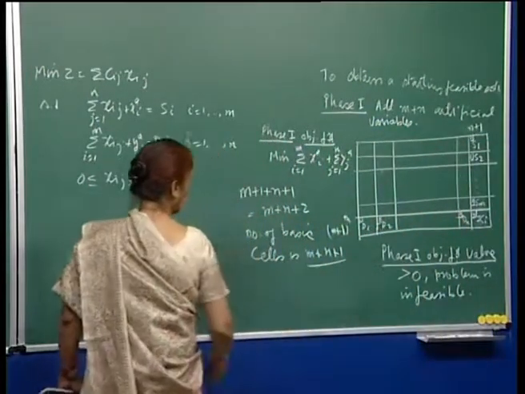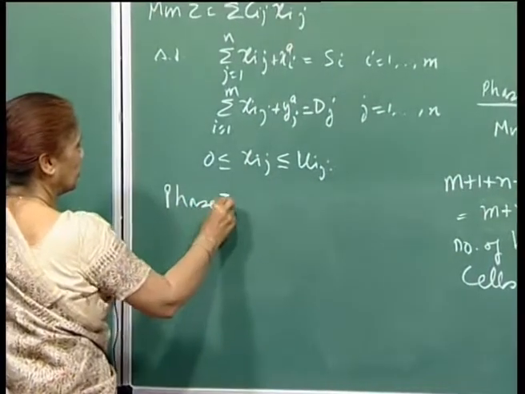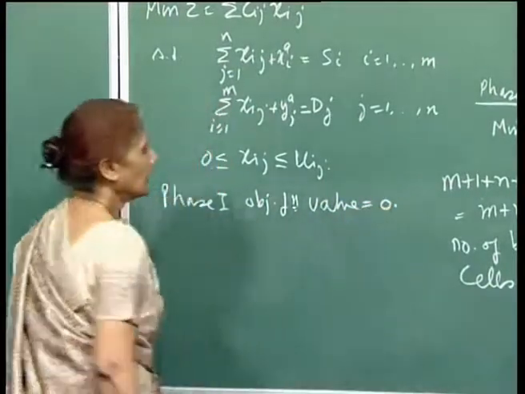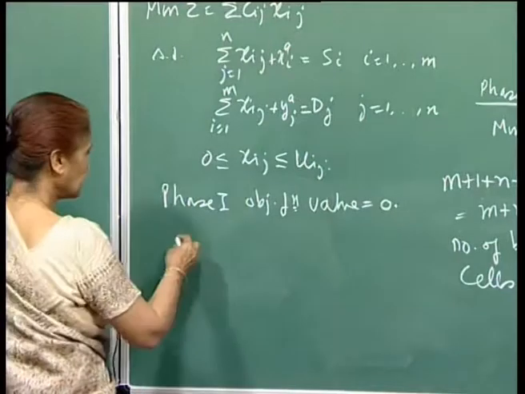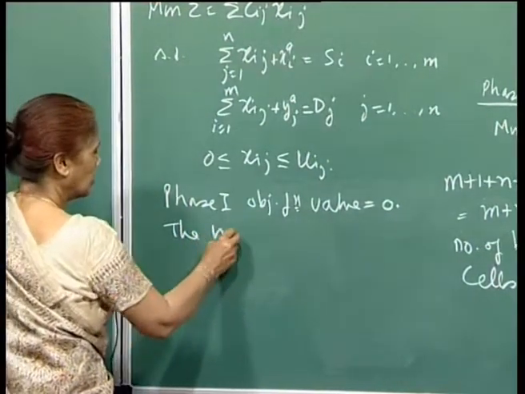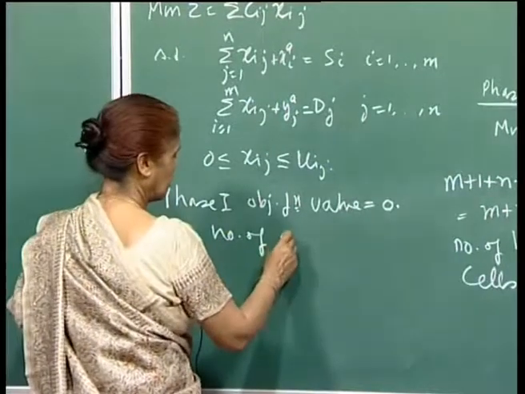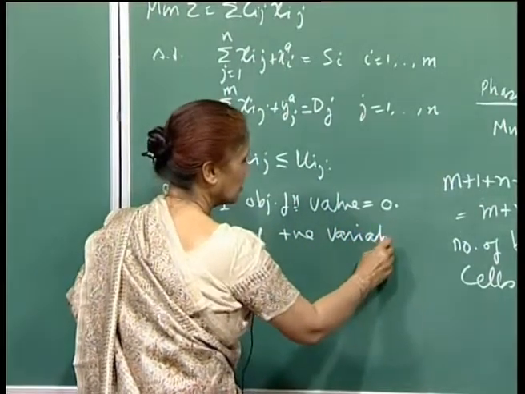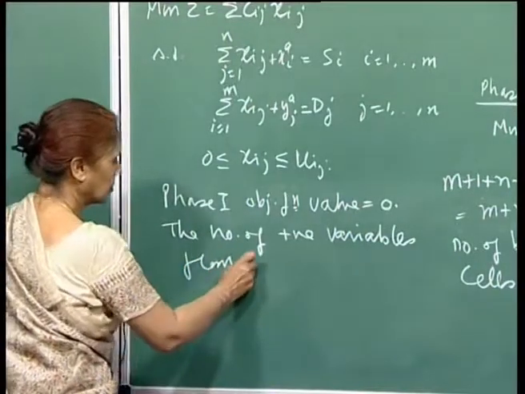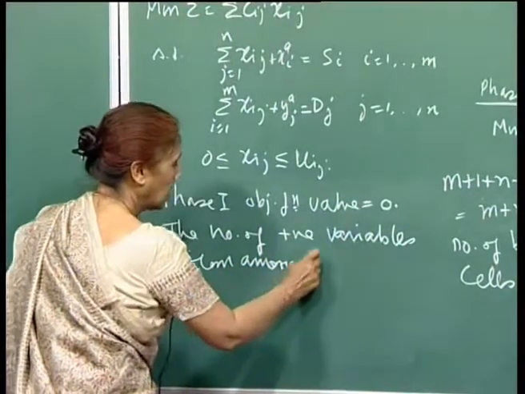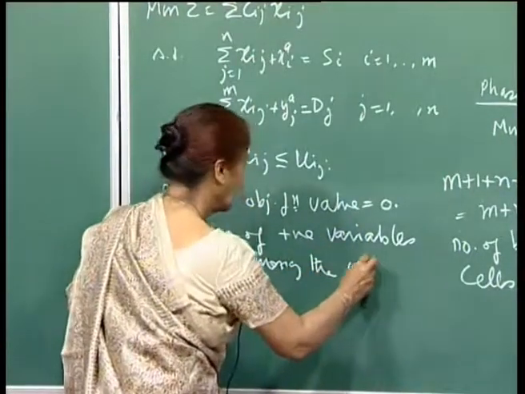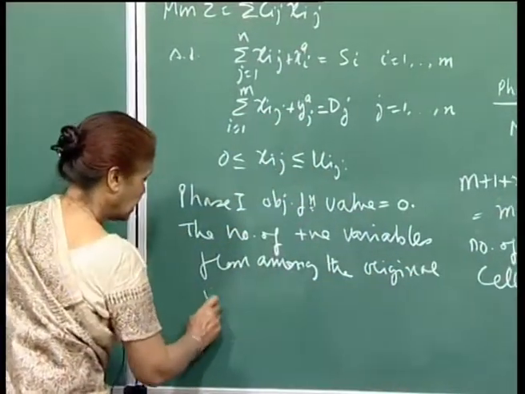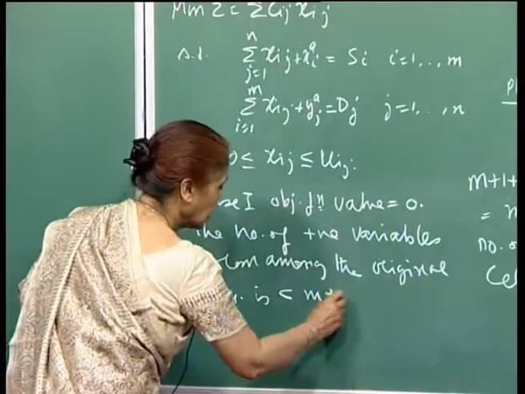So, if the phase 1 objective function value is 0, then it is possible that the number of positive variables from among the original variables is less than m plus n minus 1.